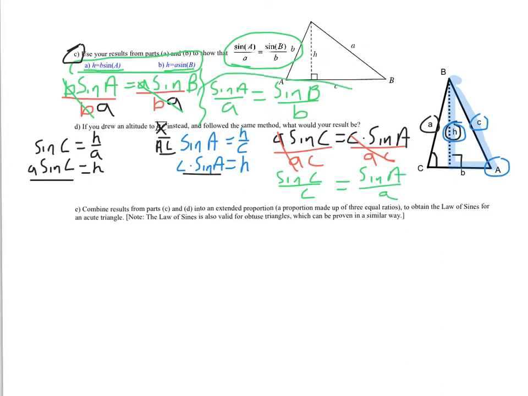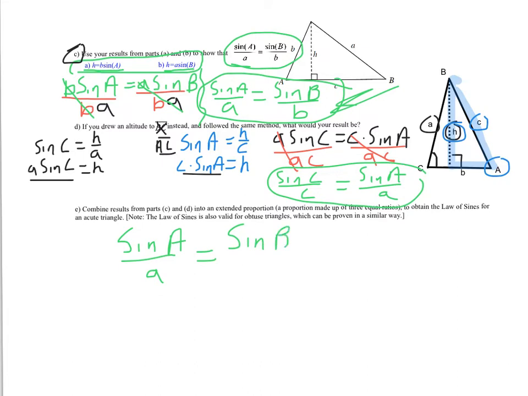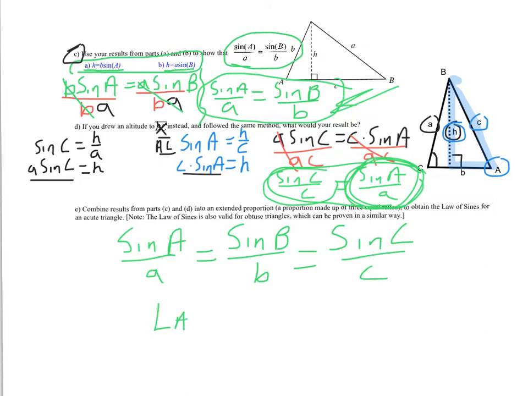Now let's put all of this together. From up here, the sine of angle A over side A equals the sine of angle B over side B. But the sine of angle A over A also equals the sine of C over C. And this is what we call the law of cosines.